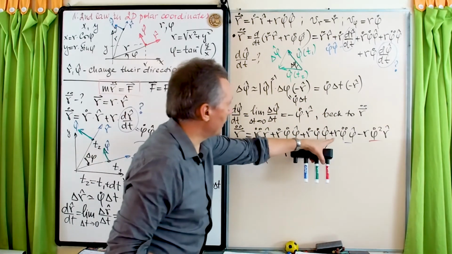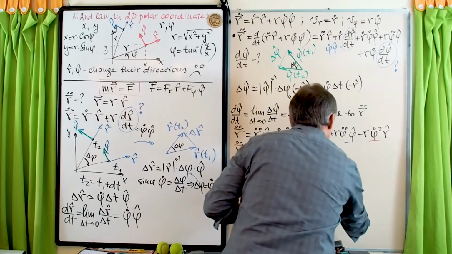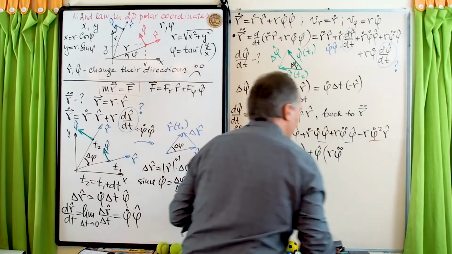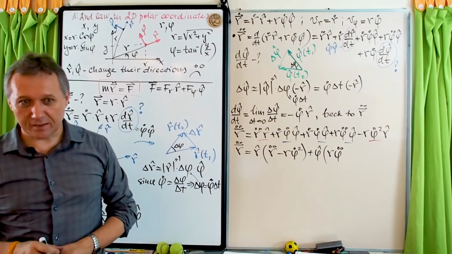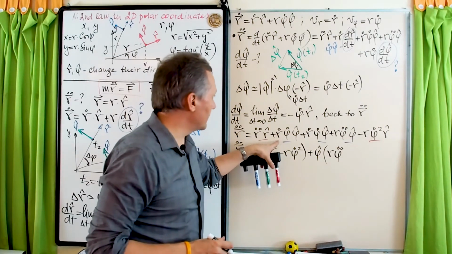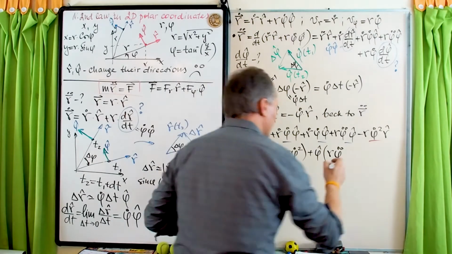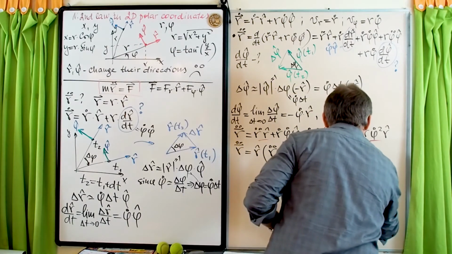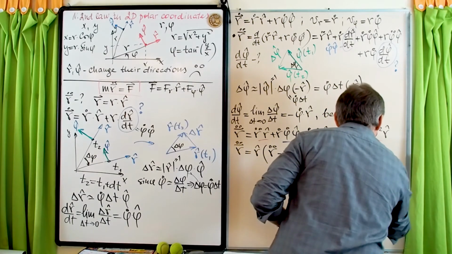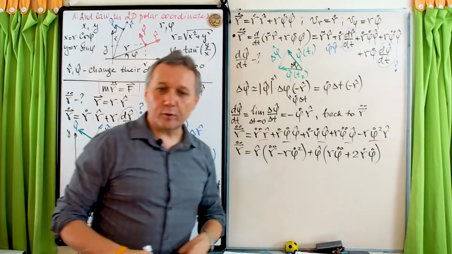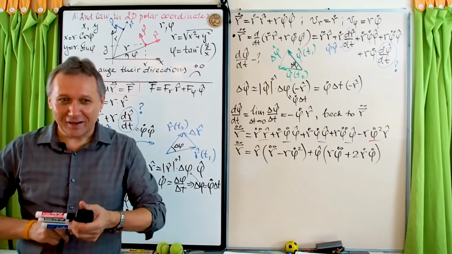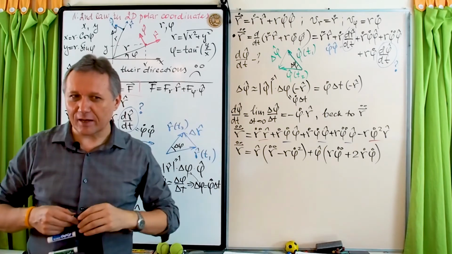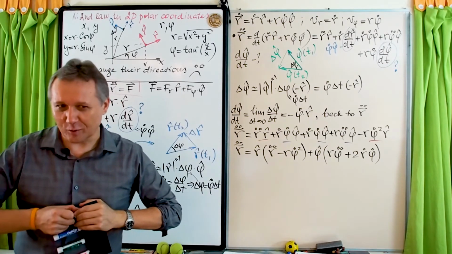Okay, let me first write this in the order of importance. Tangential acceleration in the phi direction. And the second, this 2r dot phi dot, that's Coriolis acceleration. We will discuss it when we move to chapter 9, I think, when we start discussing non-inertial reference frames.